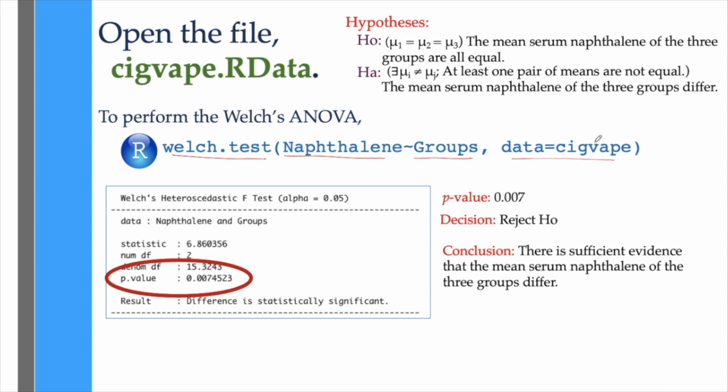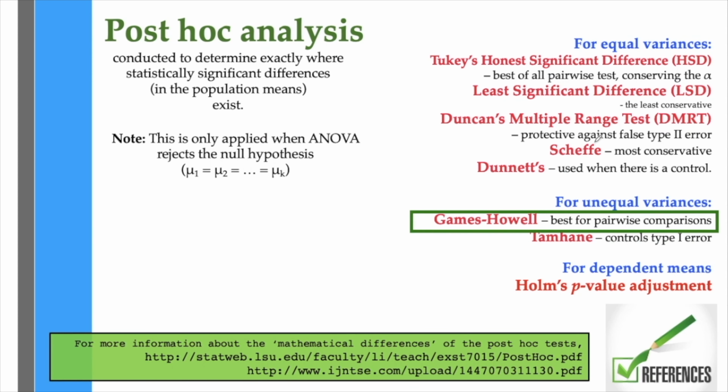Now, to determine which of the population means is the highest and or the lowest, we have to conduct again the post hoc analysis. For unequal variances, we have to make use of the Games-Howell. This is the reason why we have to copy-paste the post hoc TGH file, because this is for the post hoc of the Games-Howell test.